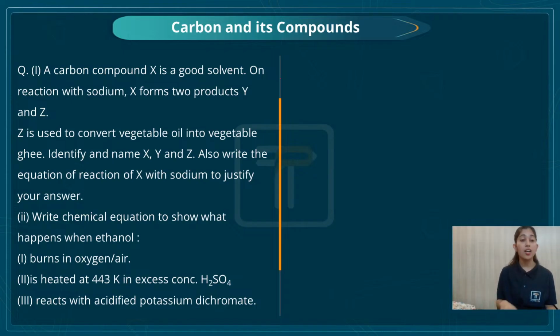Let's move ahead. A carbon compound X is a good solvent. On reaction with sodium, X forms two products, Y and Z. Z is used to convert vegetable oil into vegetable ghee. From here you should be able to find out what Z is. Now I am not going to give you the answer. Vegetable oil is becoming vegetable ghee. What is vegetable oil? Unsaturated fat. What is vegetable ghee? Saturated fat. You are going from unsaturated to saturated. Z is making that happen. What is Z?